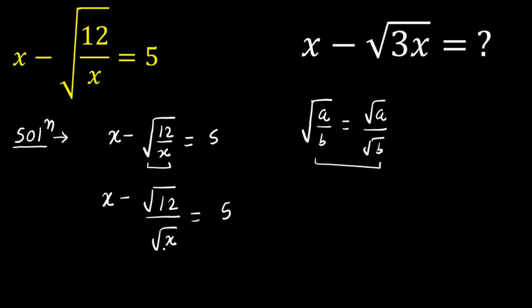Here the denominator is square root of x, so x is not equal to 0, or x is greater than or equal to 0, because here is square root of x.